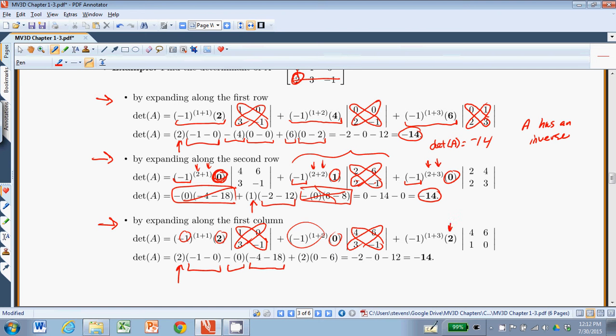Then I have a 2 times negative 1 to the 4th, so that's just positive 2, times this determinant, which is 0 minus 6, negative 6. And when you distribute, cancel, and combine, you get the determinant is negative 14. Just as we had, expanding across the first row and the second row. So you can expand across any row, any column.